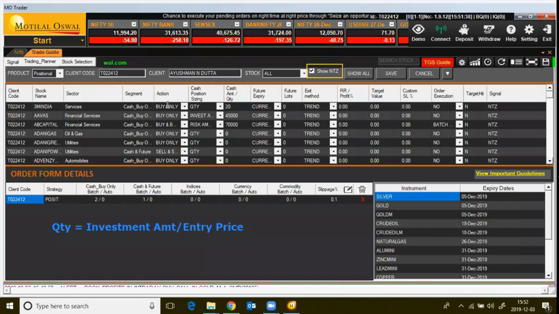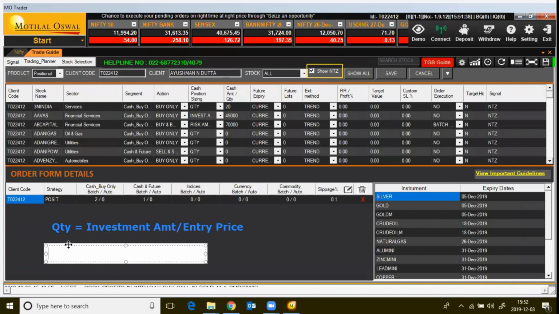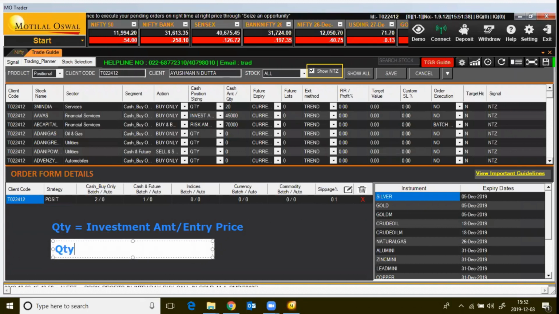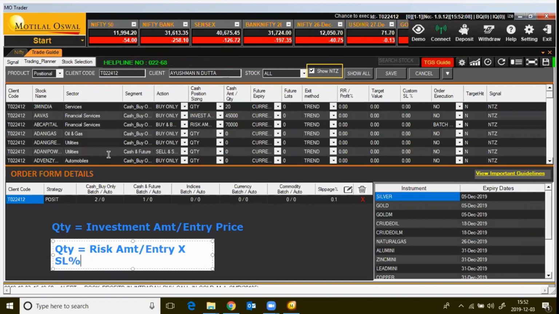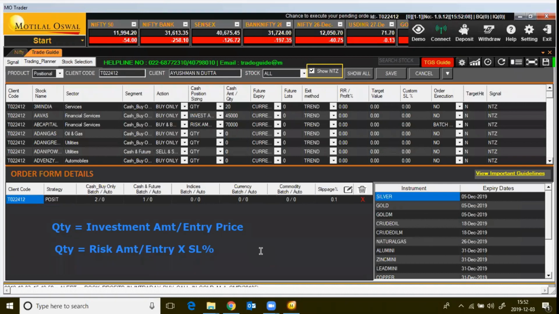The formula for the risk amount is: quantity equals risk amount divided by your entry price into stop loss percentage. So on the basis of this, your quantity for the risk amount will also get calculated when the signals get generated for this particular stock.